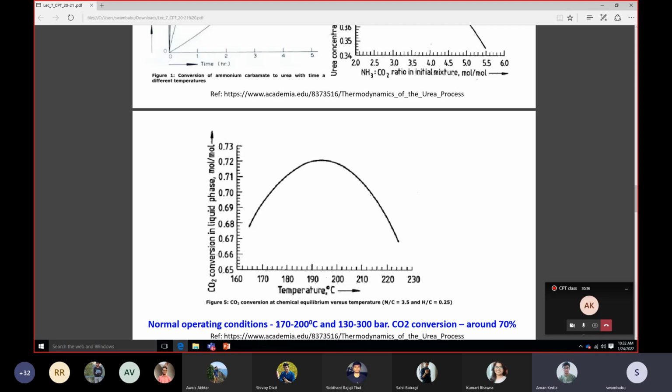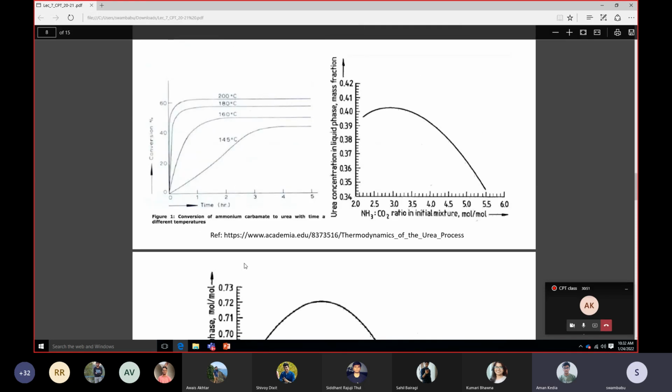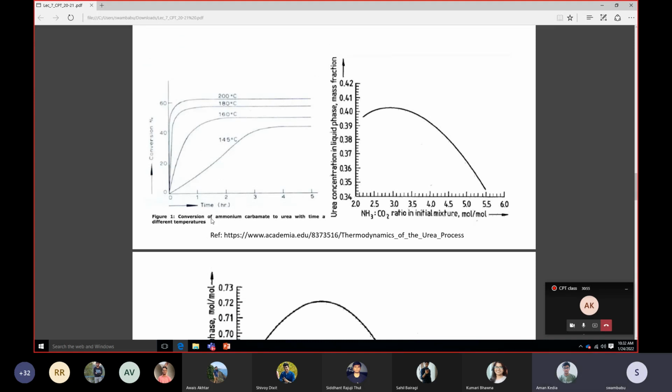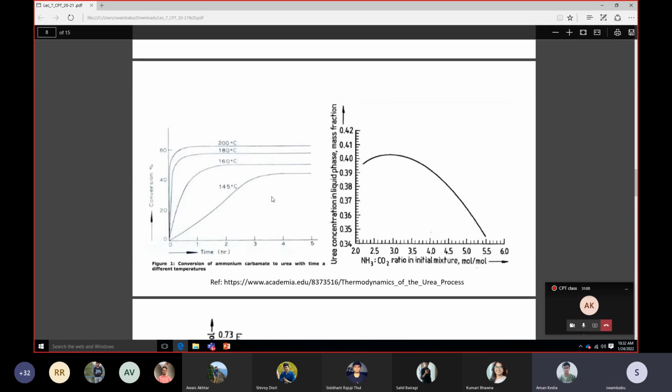In this range, the approximate CO2 conversion achieved is around 70%. So this is the CO2 conversion to ammonium carbonate. Now this is the ammonium carbonate to urea conversion. This graph tells us the ammonium carbonate to urea conversion.